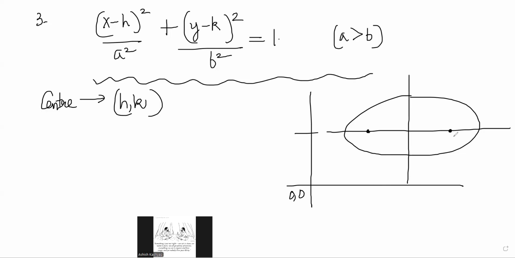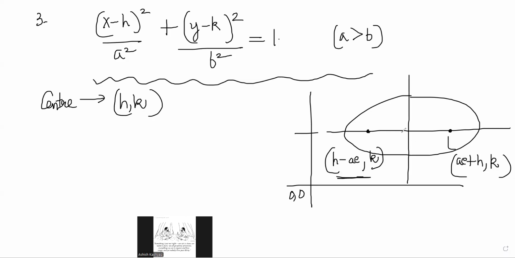It would be h plus ae comma k, and the other would be, not ae minus h, it will be h minus ae comma k.